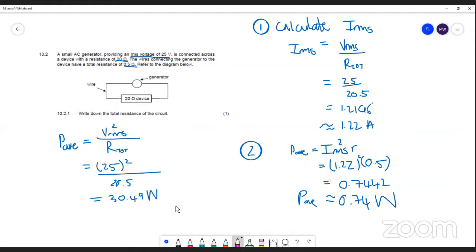And now I'm just going to subtract this value by this value to get my actual power. So my actual power is the power that was used by my whole system minus the power that was used for the internal resistance.